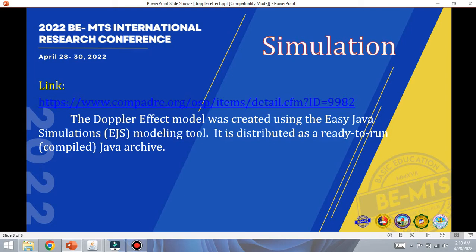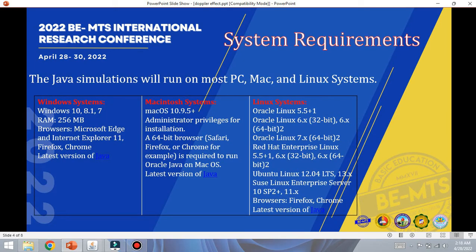The requirements to run this simulation: whether you have Windows, Macintosh or Mac OS, or Linux, for all these operating systems you must have Java. You cannot run the simulation if your operating system doesn't have Java.